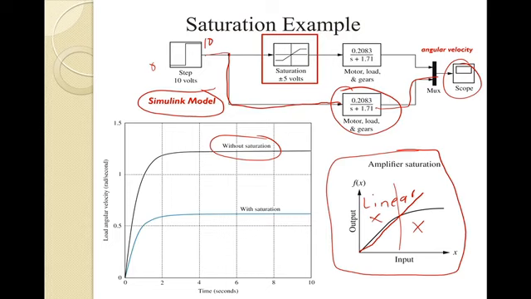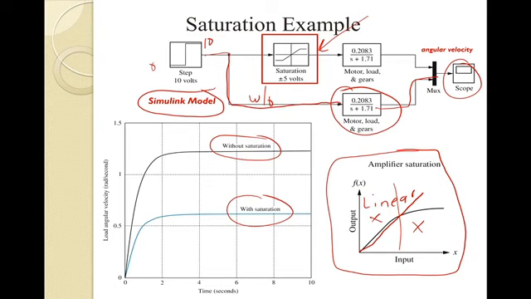That's our response without saturation. Now we also have a curve with saturation, and that's this block that I'm showing here in red. Even though we have 10 volts available to us, maybe the amplifier we bought is limited to, say, plus or minus 5 volts.